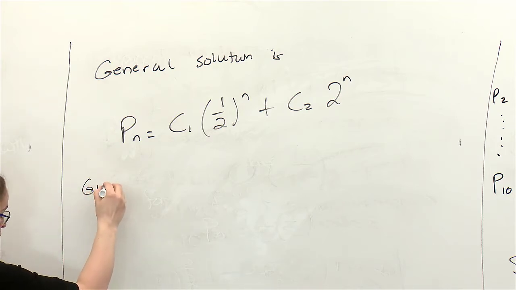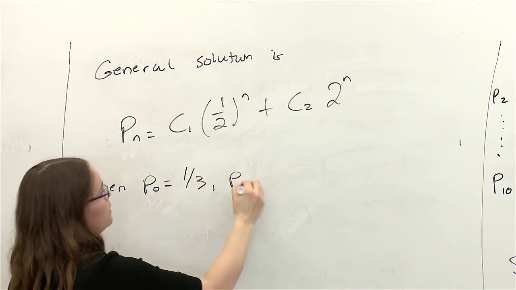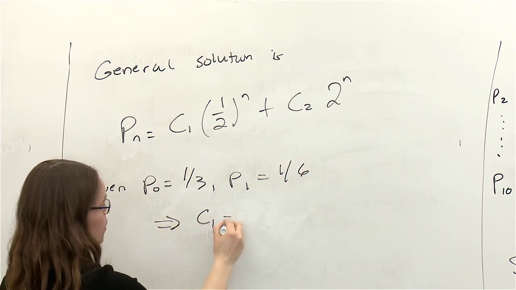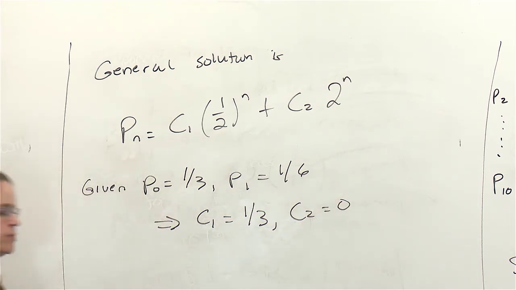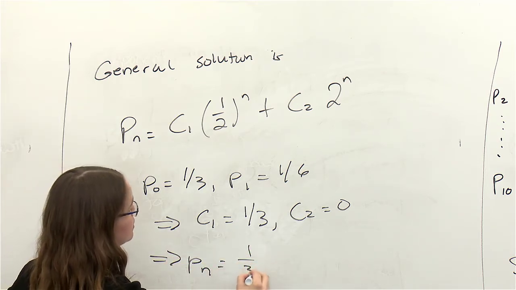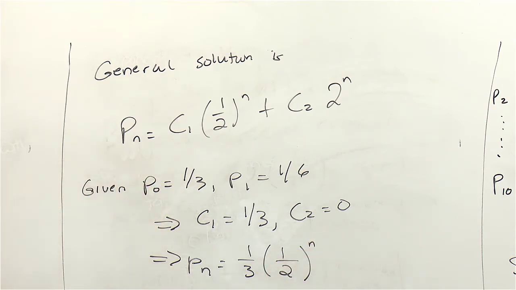If we're given the exact P0 and the exact P1, we get C1 equals 1/3, C2 equals 0. So Pn is equal to 1/3 times 1/2 to the n. And that makes sense. That was actually the exact thing we were trying to compute.